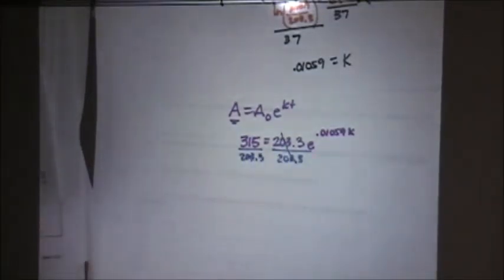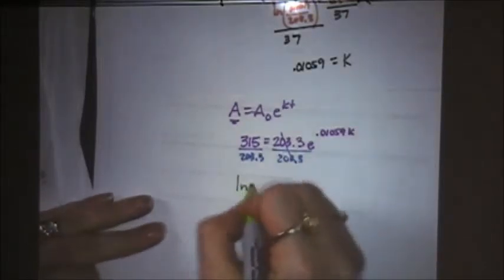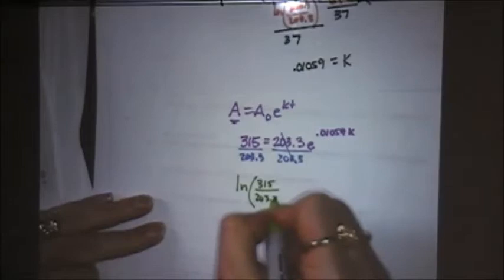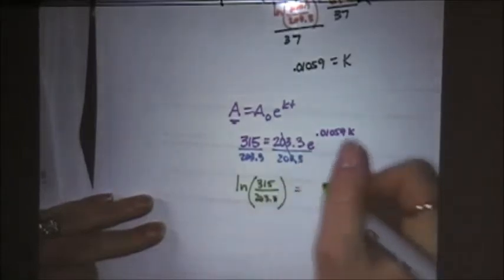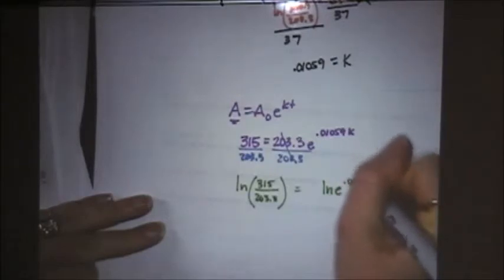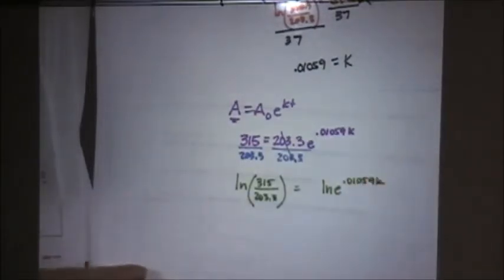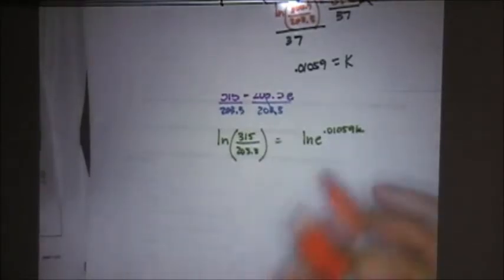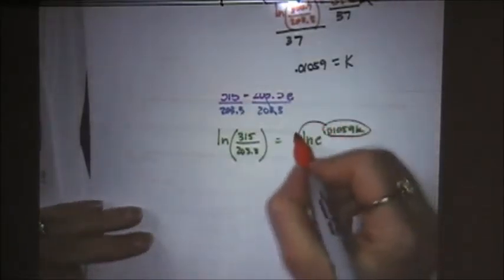Take the natural log of both sides. So natural log of that 315. The whole purpose in taking that natural log was so that I can bring that value down onto the line. So this comes down here.